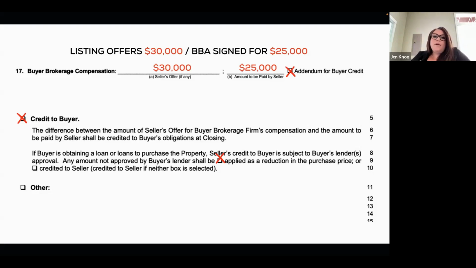You could probably also do in the other box, we just can't accept more than we've been asked to pay. You could accept the full 30 right here. And then you could, in a separate addendum, write buyer's agent shall credit buyer $5,000.